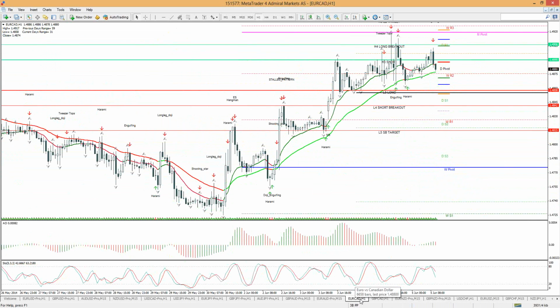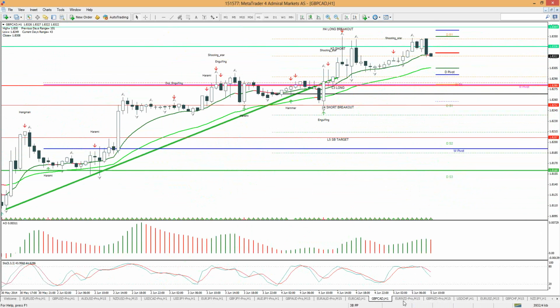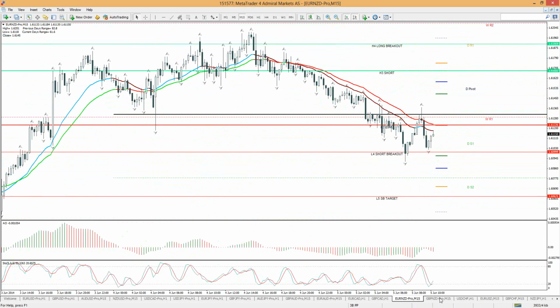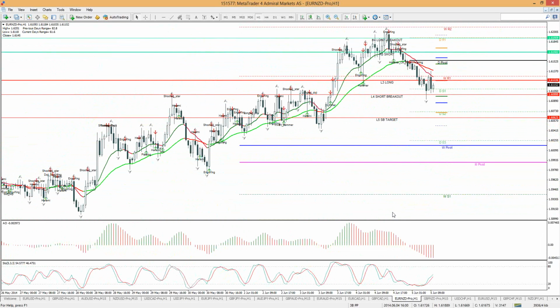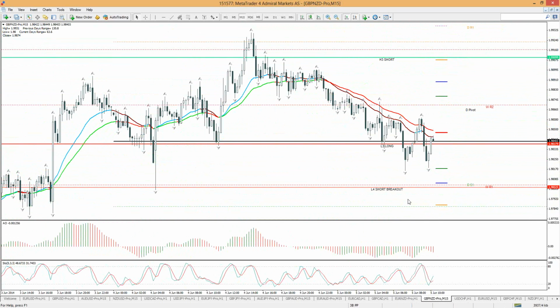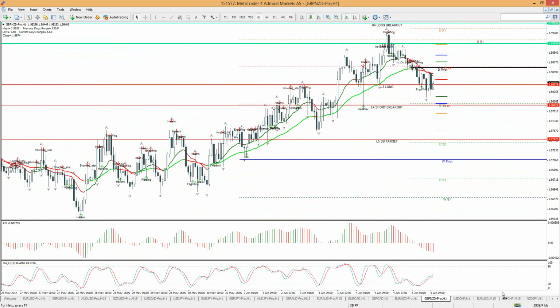Good. Euro-CAD, I'm not a big fan of these CADs at the moment. Let's see, Euro-New Zealand. Also looking pretty bearish. Euro-New Zealand too, Pound-New Zealand, sorry.